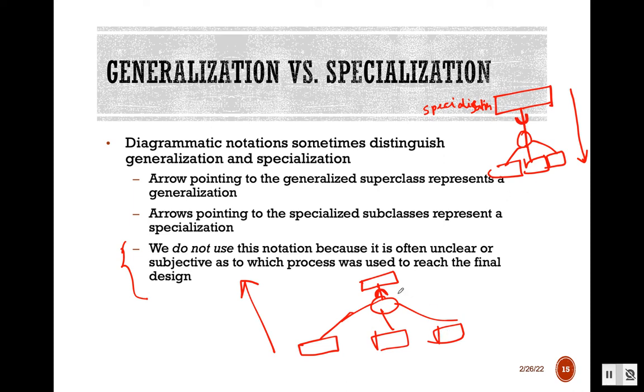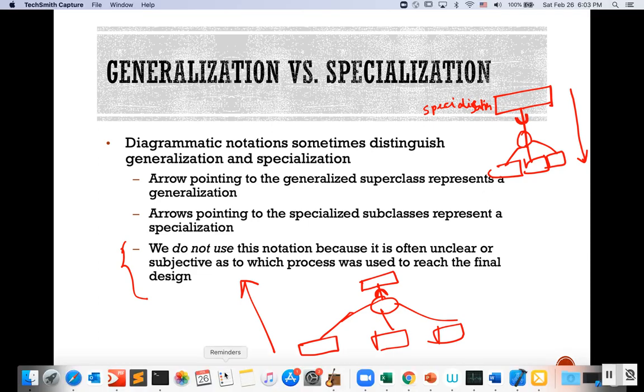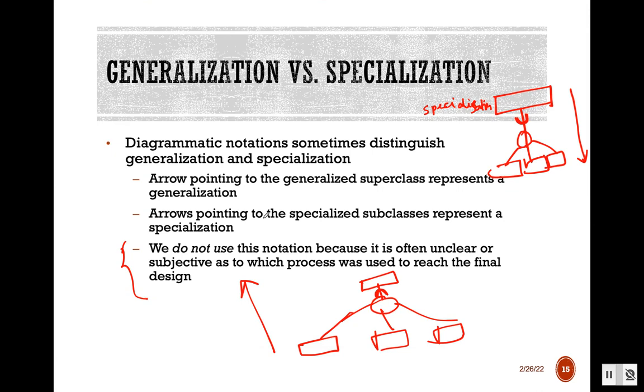But sometimes people may not use two different notations. For example, here an arrow pointing to the generalized superclass represents the generalization, like here.